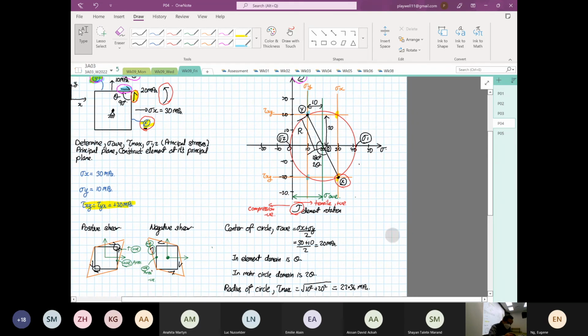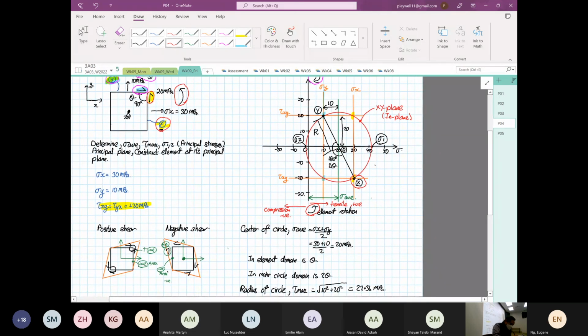Now this circle belongs to the XY plane, which is also known as your in plane. So this surface over here is your XY plane, and is the biggest surface that you have on the element, or the only surface you can see in 2D.